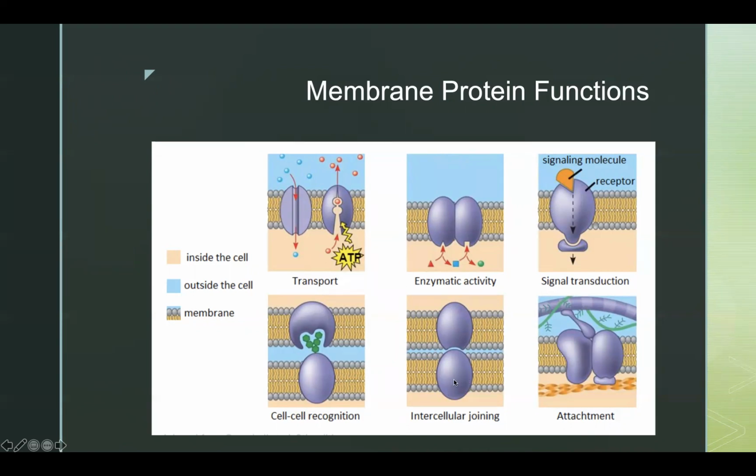Intercellular joining: attachment to different cells to form tissues or other structures. And then we have attachment, where we're trying to anchor and attach the membrane to the cytoskeleton of the cell. So many different functions of membrane proteins that are essential for the survival of our cells.